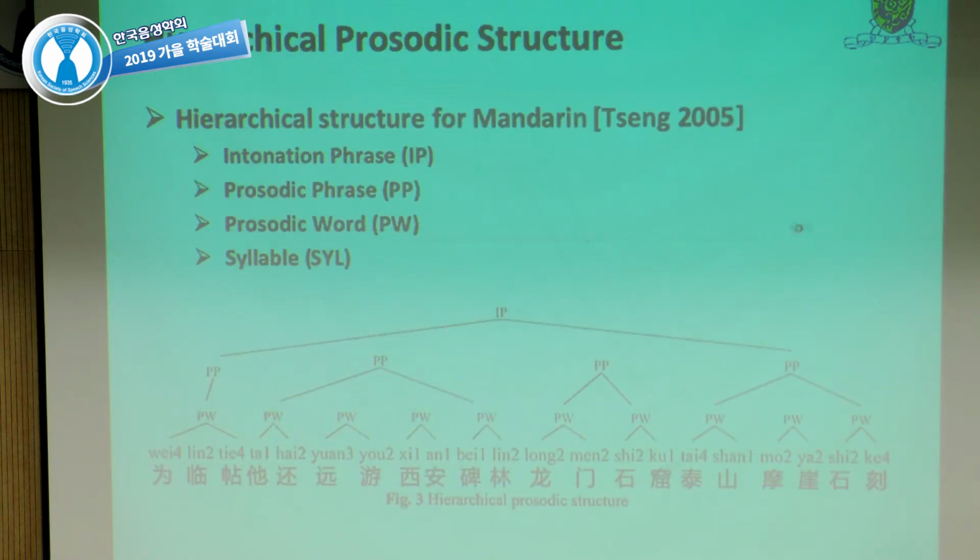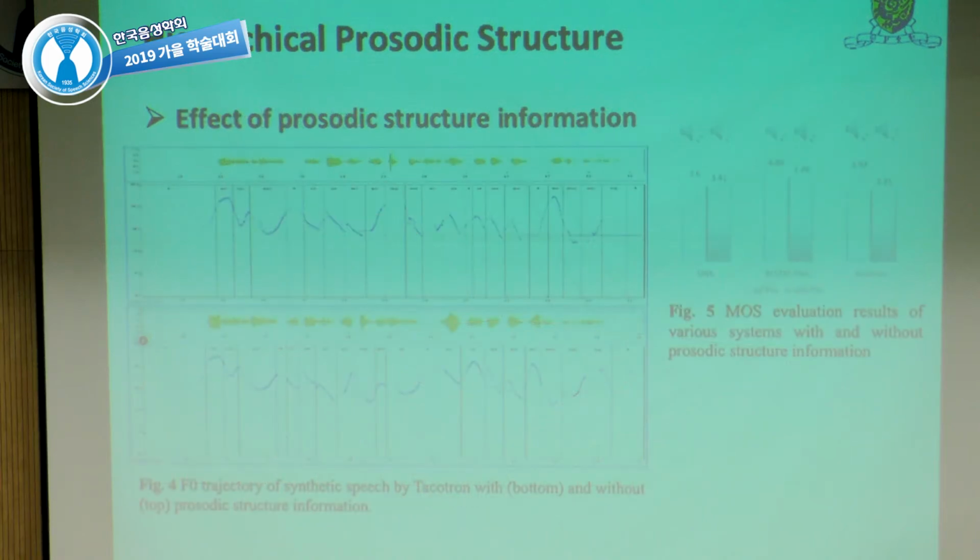So the hierarchical structure is like this, like a tree that has multiple layers, as we said, syllable, words, phrase, and also the intonational utterance. So we did a little experiment: if we use the prosodic structure information in the text-to-speech system, will it affect the results?